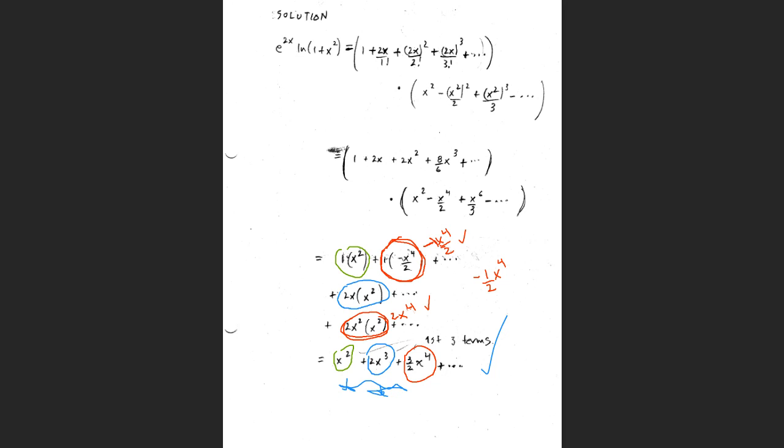Right, you have negative 1/2 x to the fourth plus 2x to the fourth. That's equal to 3/2, because 2 is equal to 4/2. So that's like taking negative 1/2 x to the fourth plus 4/2 x to the fourth, which is 3/2 x to the fourth. Are there any questions on that?